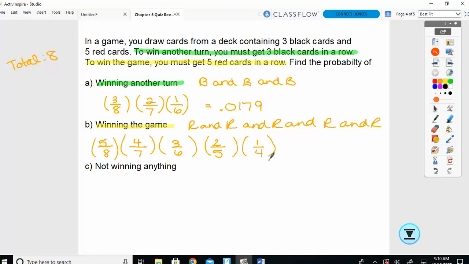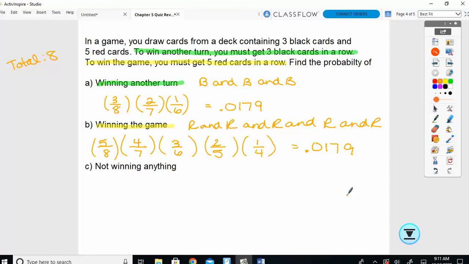All right, so if we multiply these. Interesting, we get the same probability.